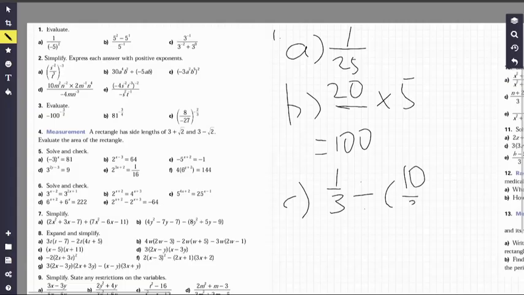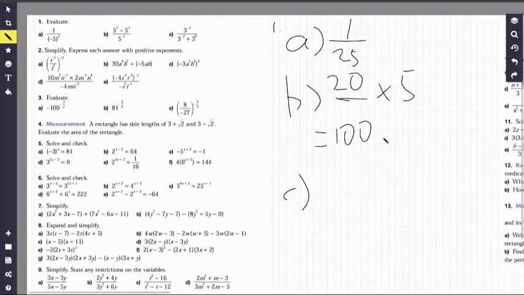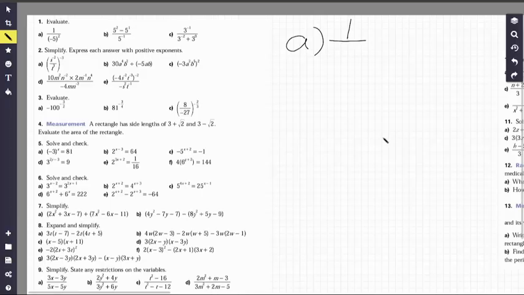Since we want to flip it, we're going to get rid of the division sign, and this is going to become 9 over 10. And we can cross this out, 1 over 3. This is going to give us 3 over 10. That is our answer. And that is the entirety of, I believe, question number 1. Let's go on to question number 2.